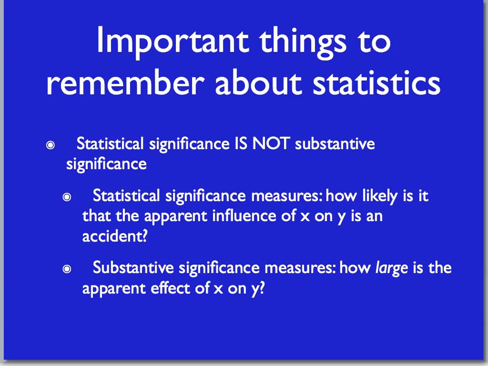So now we know something about how to read the results of a regression. We've looked at Ross's statistical model, and we've looked at the coefficients the computer generated for him to measure the effect of different independent variables. Now I would like to ask you to remember something very, very important about statistics.